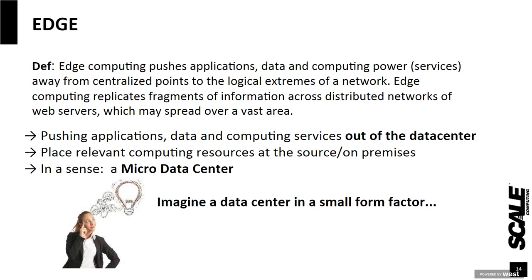It's requiring that you've got data that's distributed. Maybe it's even fragmented, but it's shared across these distributed networks, across the different sites, regardless of how vast that area may be. So again, pushing all those apps, pushing computing resources out of the data center, putting the computing resources on premises where they need to be, in a sense, a micro data center.